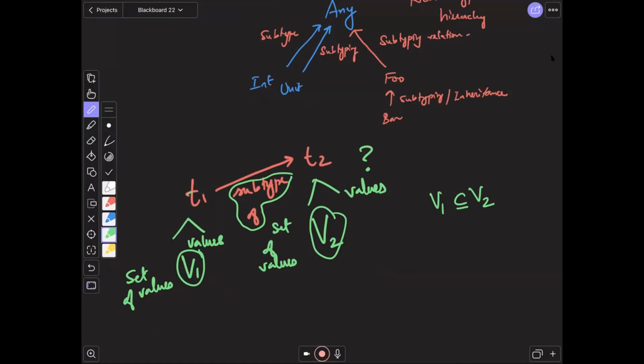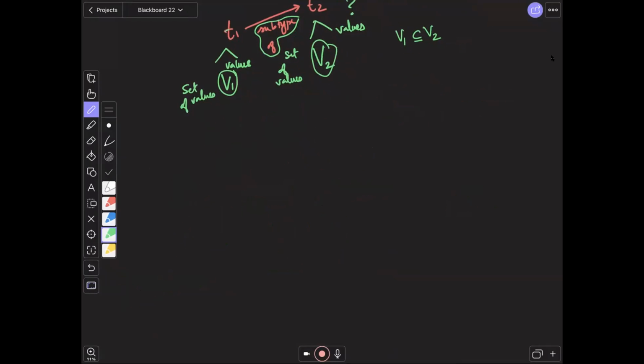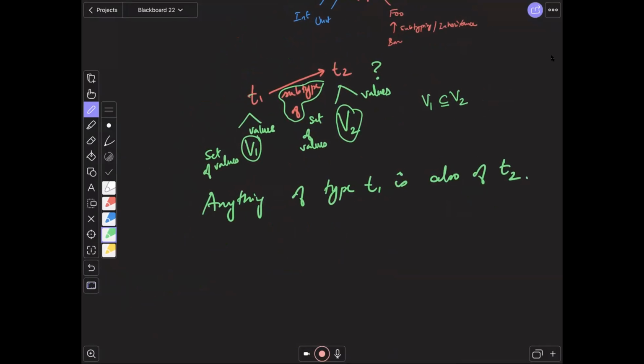So informally, you want a subtyping relation to say that anything of type T1 is also of type T2. That's something you want to call a subtyping relationship.